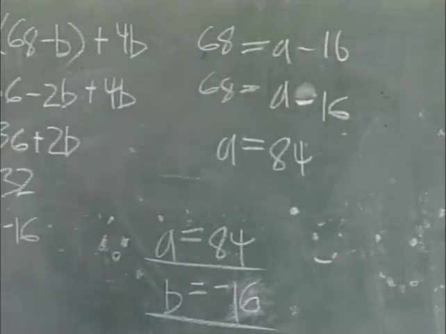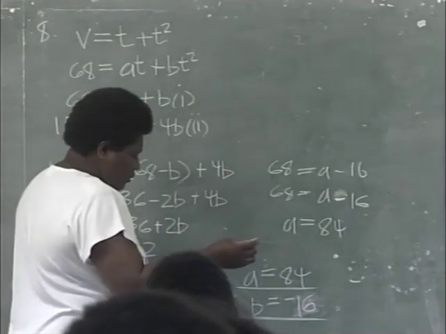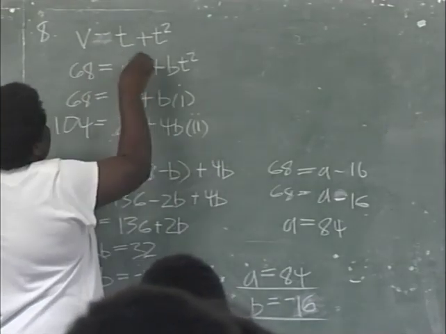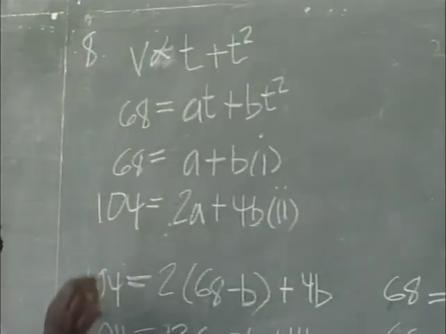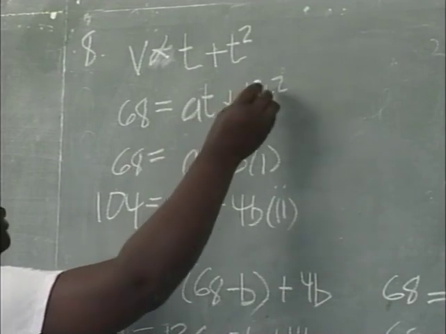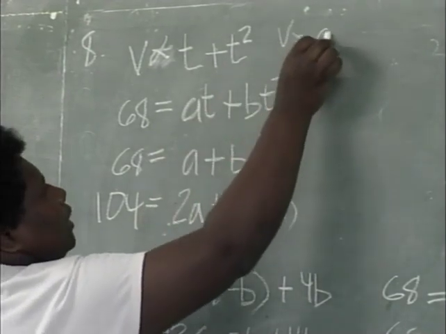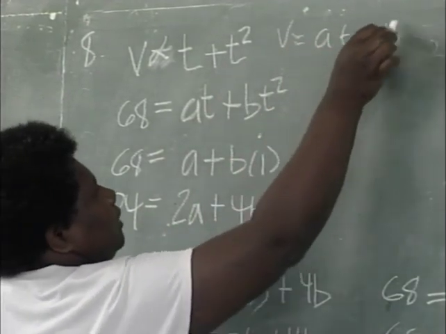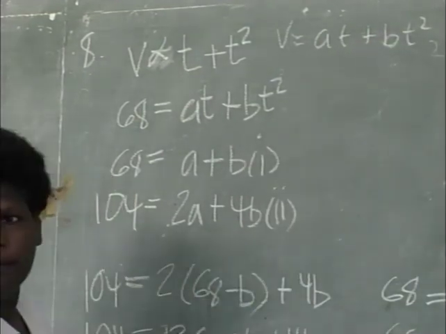Okay, the question is asking for an equation for V in terms of T. So the equation will be, also here this one should be V varies as T plus T squared, and then you should say V is equal to AT plus BT squared.